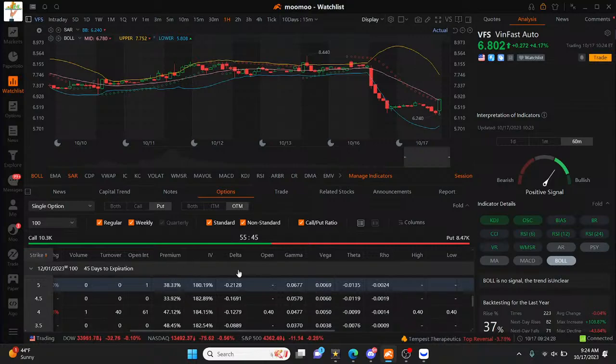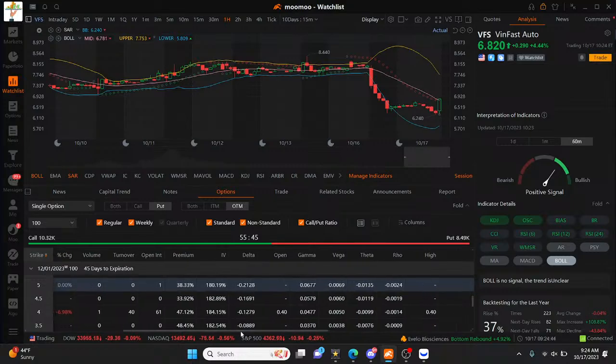Let's check what these are called, the Greeks, ladies and gentlemen, for those that don't know. Basically, these Greeks tell you the momentum and speed of an option contract. Since we are in the put section, that delta is always going to have a negative sign.